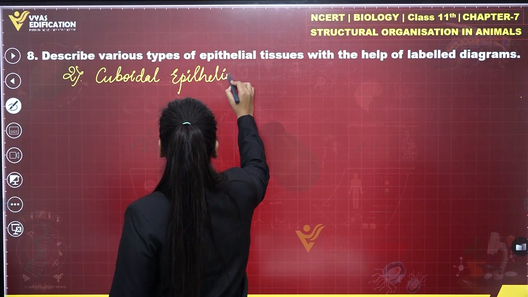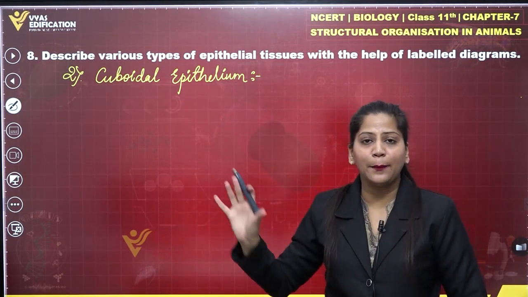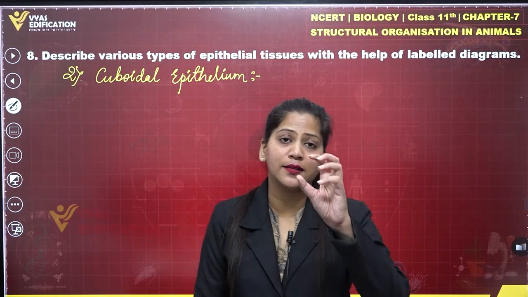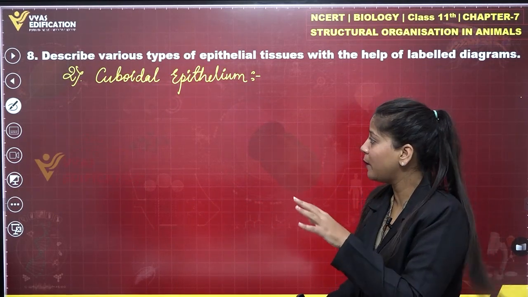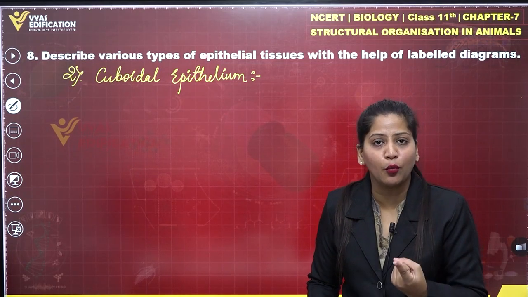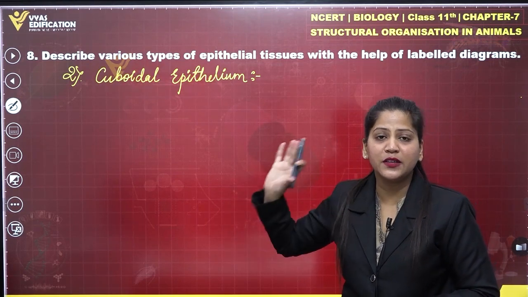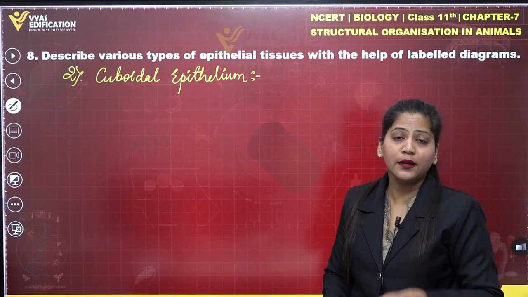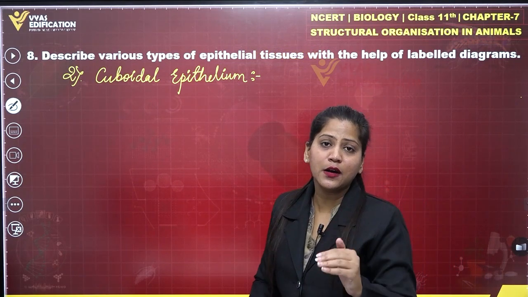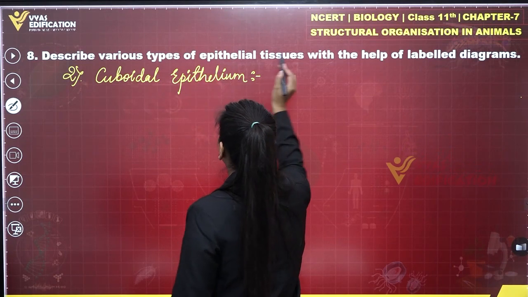Now, as we know that in the simple epithelium there was a single layer of cells attached to the basement membrane. There is no basement membrane you will find in the cuboidal epithelial tissue, right? So there is no basement membrane in the cuboidal epithelium tissue, and there are many layers of cells forming it.